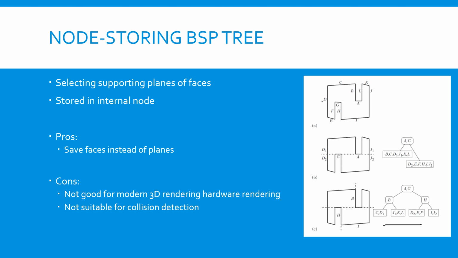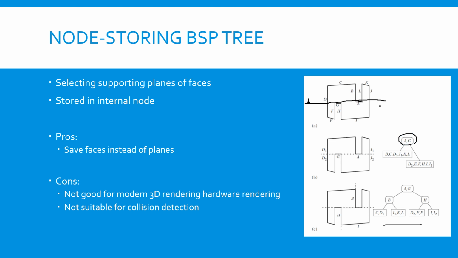For example, first we choose the dividing plane like this through AG, and in the other types of BSP tree, we have to save this dividing plane in the node. However, here we can say G is collinear with the plane, and A is also collinear, so we just put A and G in the node, and we don't have to save the plane.